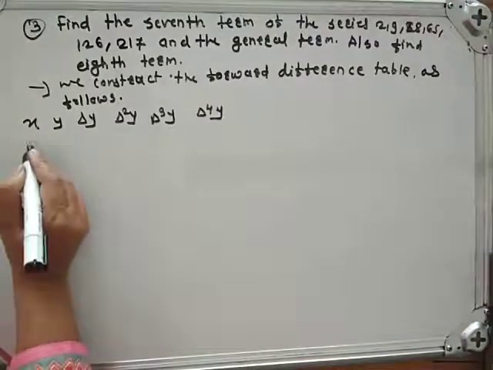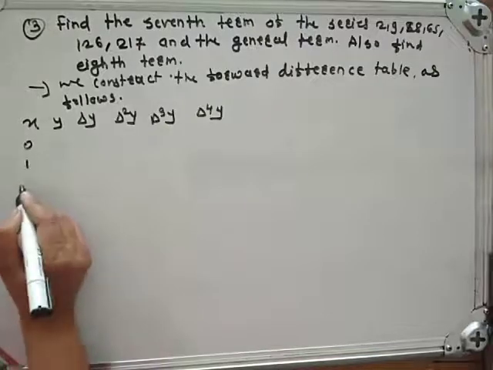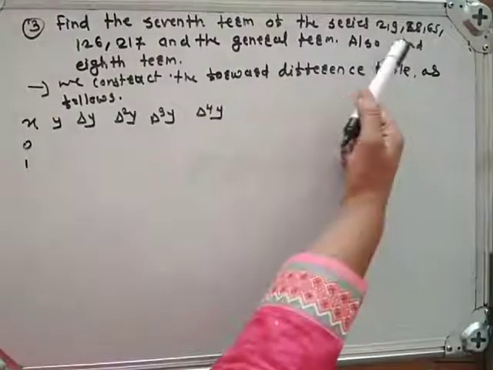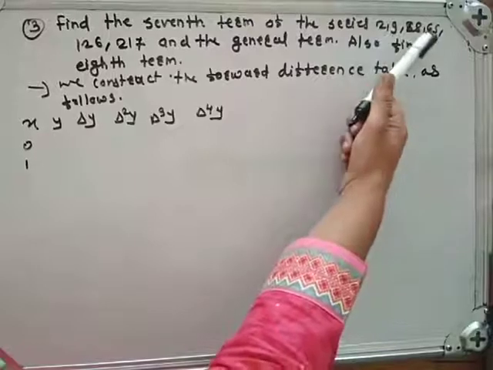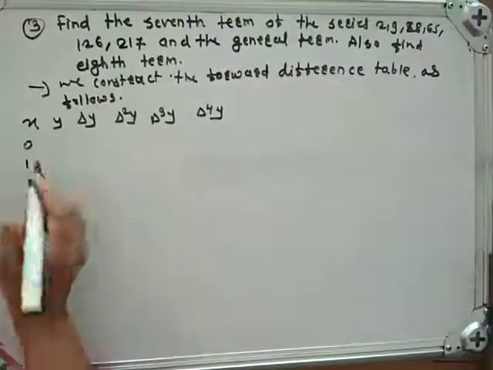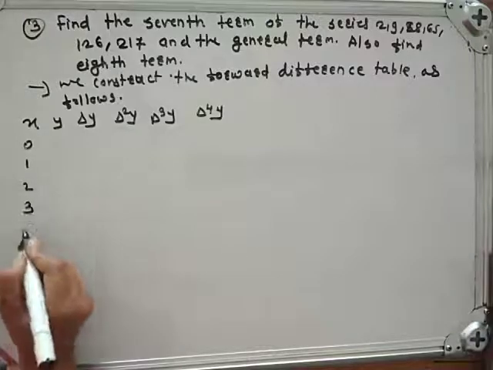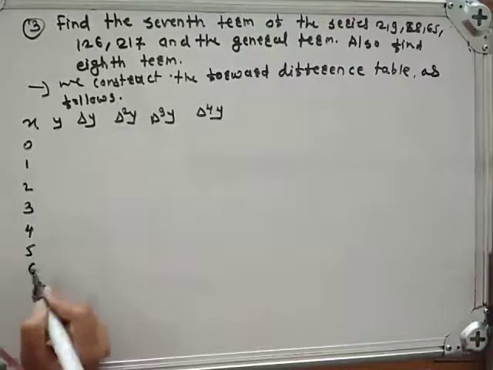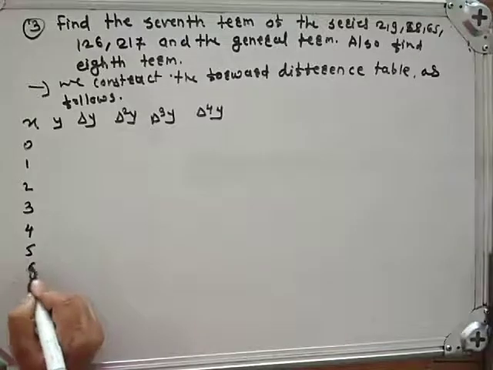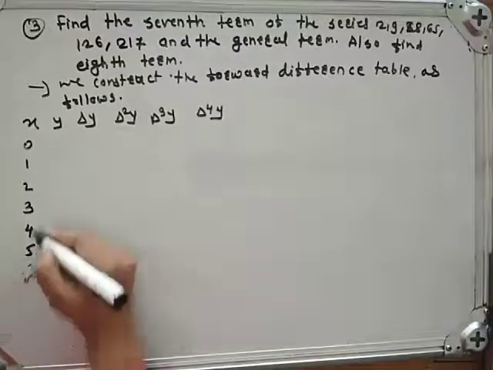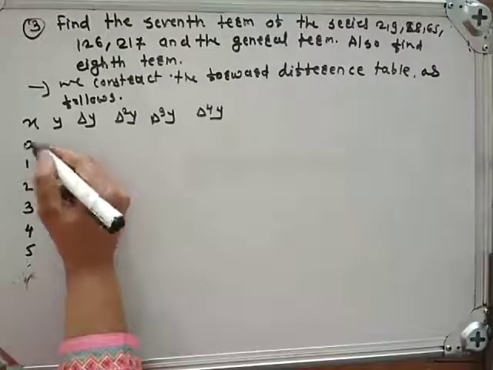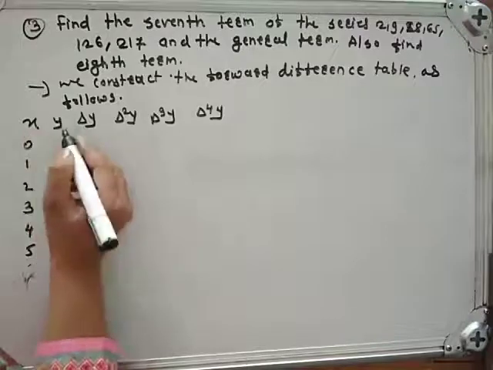So here x is 0, 1. You have to give on how many values? 1, 2, 3, 4, 5, 6. So x is 0, 1, 2, 3, 4, 5, 6. Sorry, up to 5 only, because this is 5 and this one term is 6.